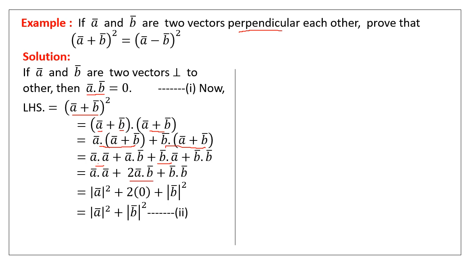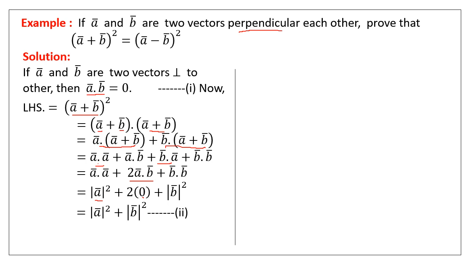Since the dot product is commutative, we can write a bar dot b bar equals b bar dot a bar. Here a bar dot a bar is mod a bar square, plus 2 times 0.